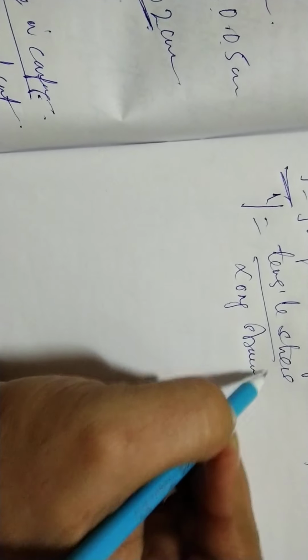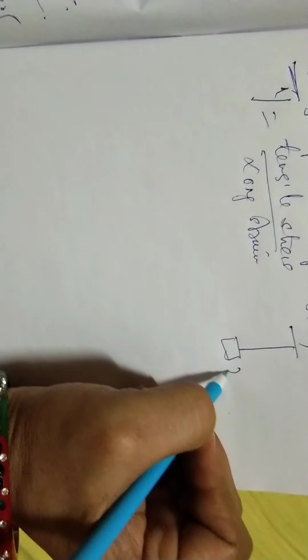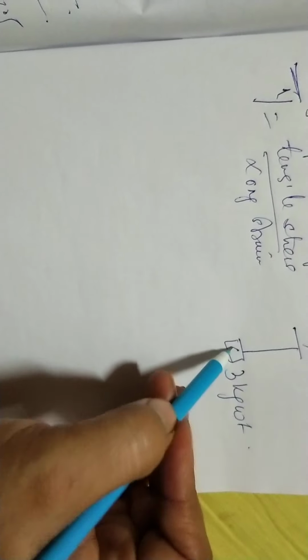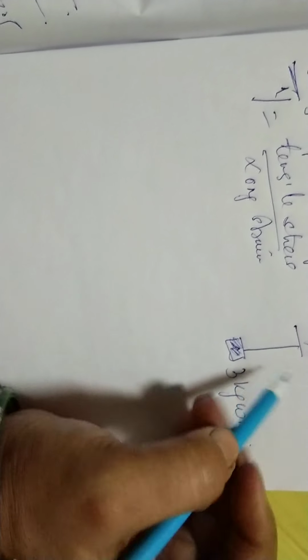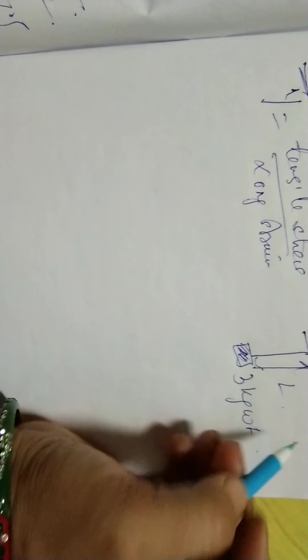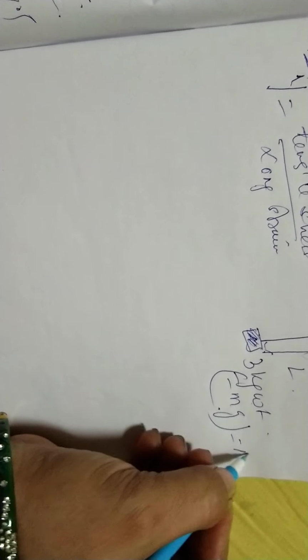It means we are dealing with the length. Suppose you take a wire, this is your wire and this is the weight. Let us assume a 3 kg weight. So this is the deforming force. Let us assume the whole length is taken as L. This is equal to mg, the weight, and that is actually the force.